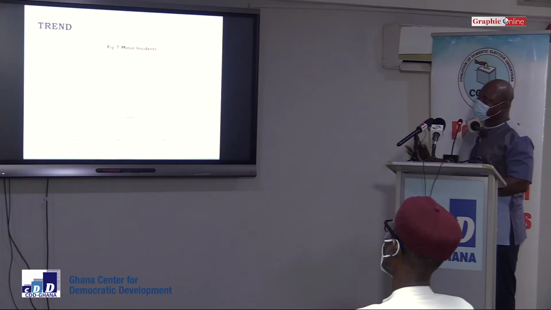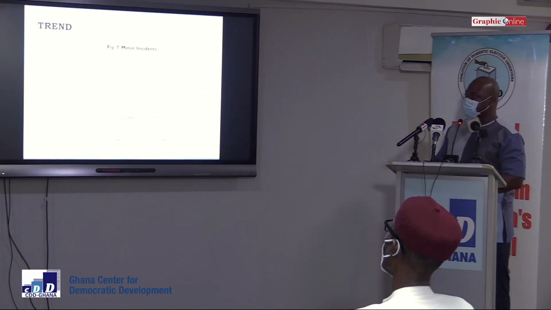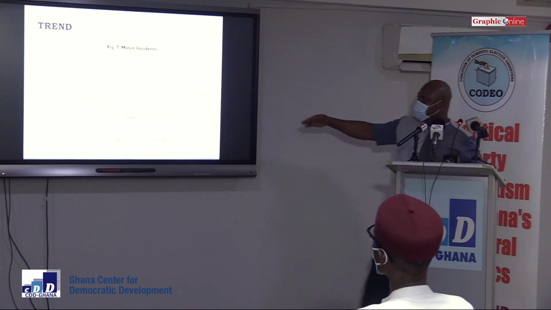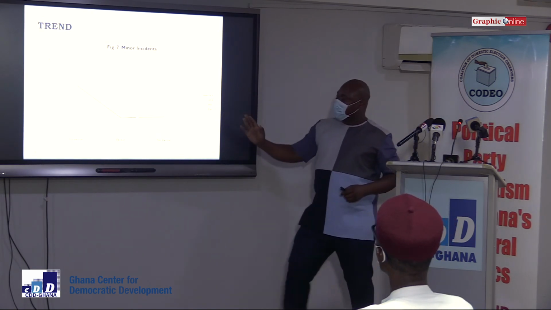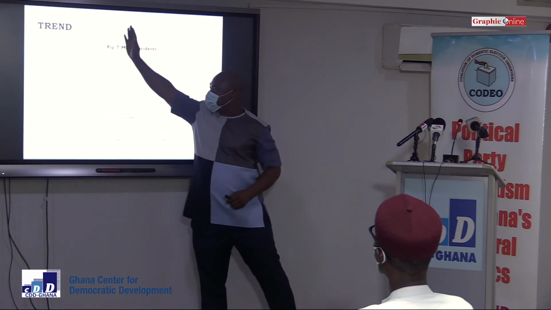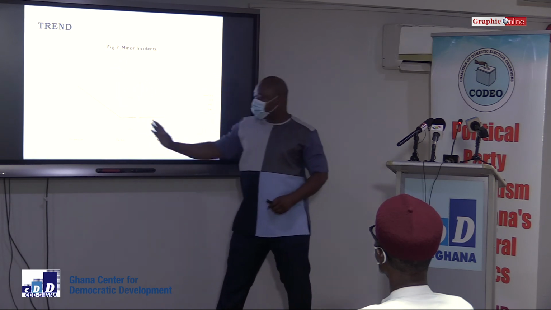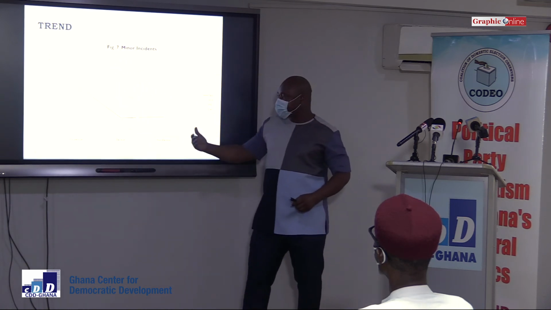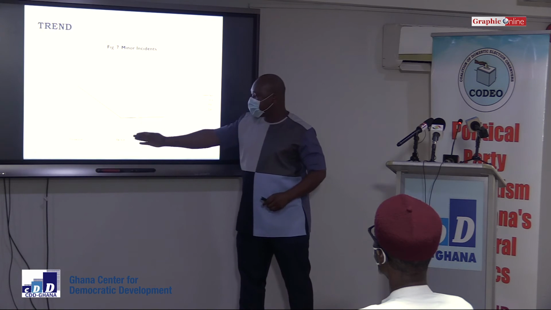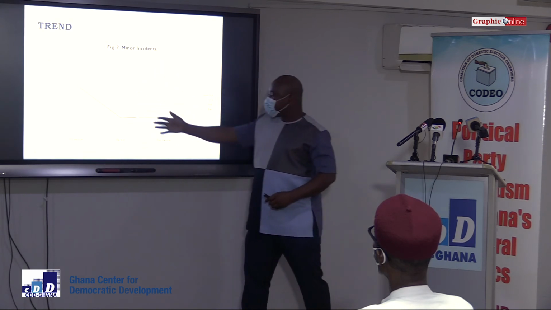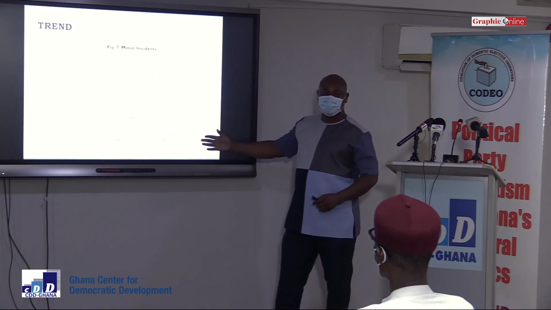So if we look at the trend analysis for the minor incidents, something that is emerging is that all the indicators we have here started off very high in the period prior to the elections, and then during the election period they declined, and they declined further in the post-election phase.